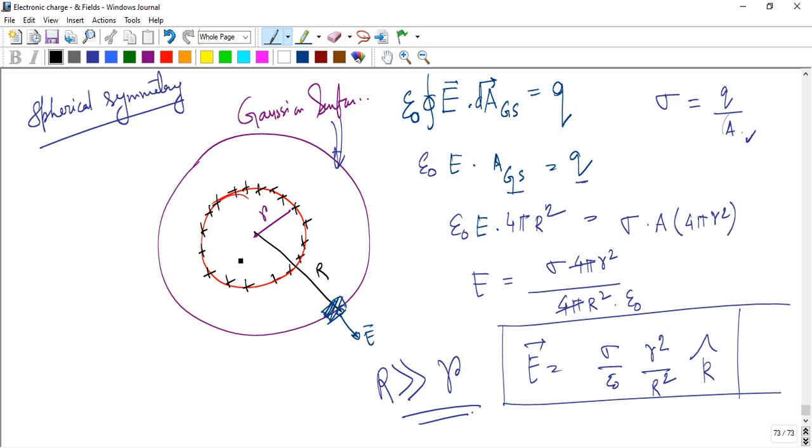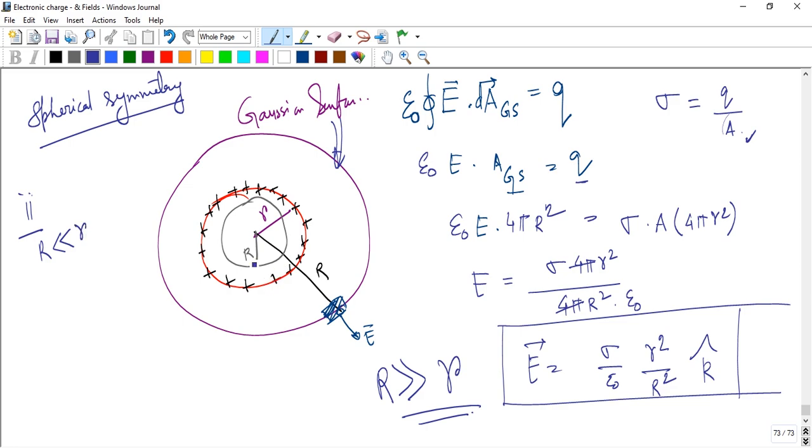Choose a surface inside the charged sphere, and call its radius capital R. This is case number 2. Now capital R is much smaller than small r.